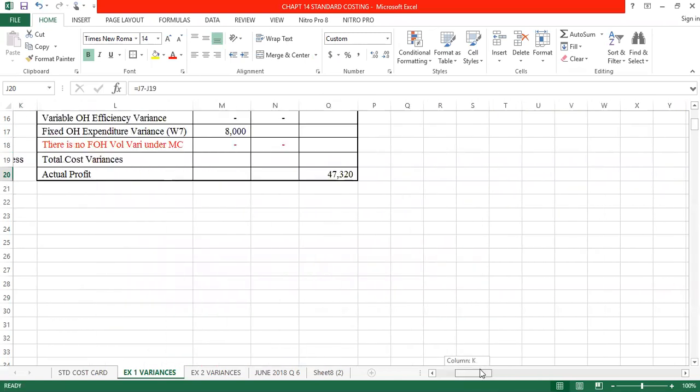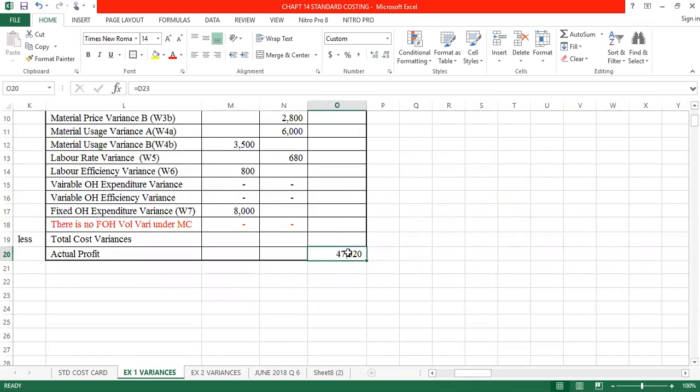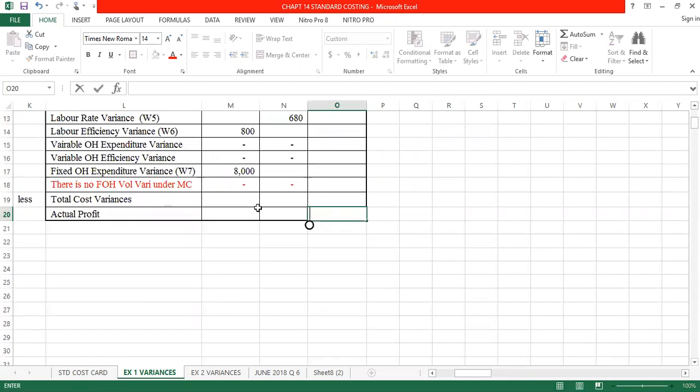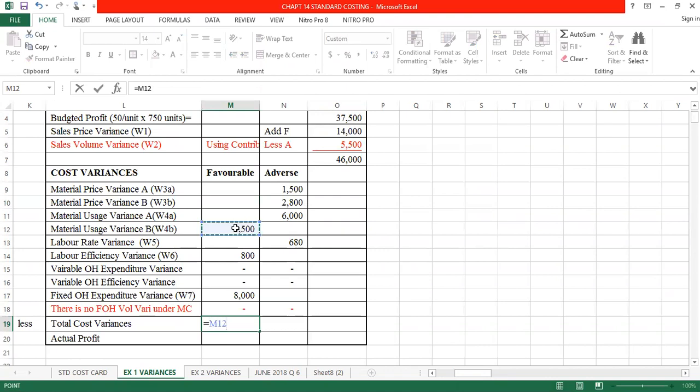It means all variances are right. Let's also confirm this side. Let me remove it first to confirm. So here, look at this. What is the total here? 35 plus 800 plus 8,000 gives you 12,300. This other side, 15 plus 28 plus 6 plus 680. What do we get? 10,900. Which one is more?